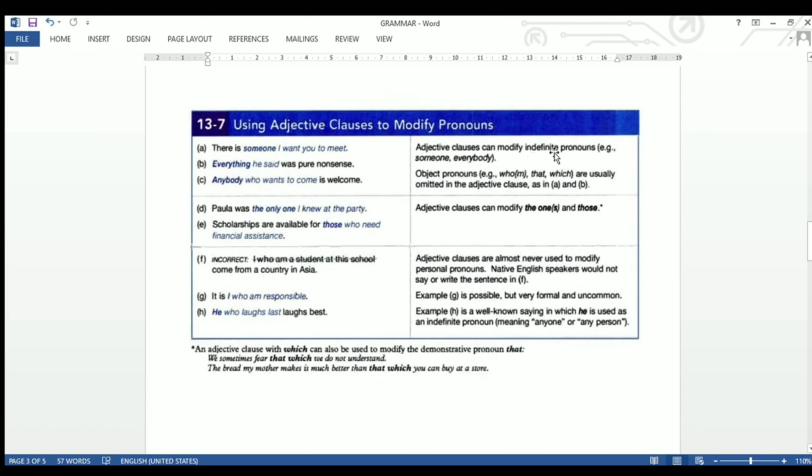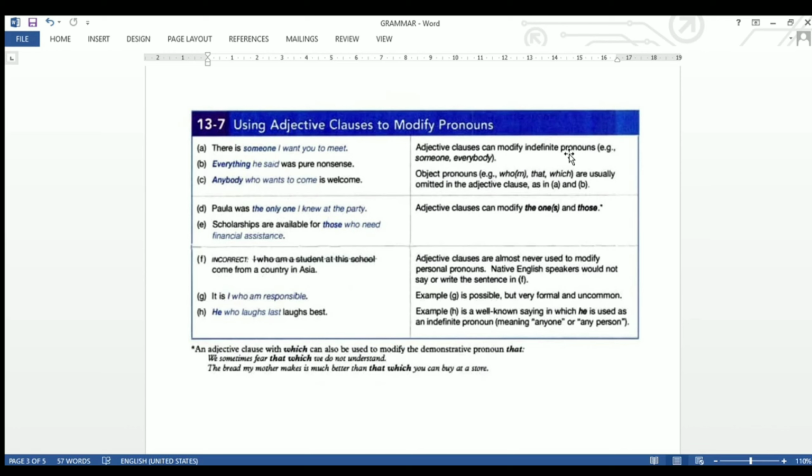Okay, indefinite pronouns. We know that definite pronouns are like, for example, Ali came late to the class. He was late because he forgot about the lecture. Okay, so after we read the sentence, we know that he referred to Ali.